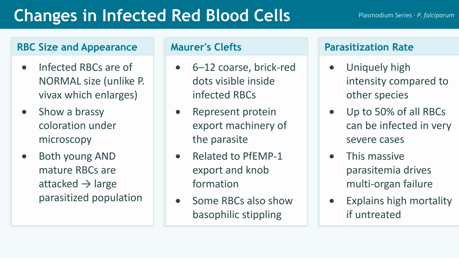Because of this, there is a large parasitized population, and there are 6 to 12 coarse brick red dots visible inside the infected RBC. These are known as Maurer's clefts, which are a diagnostic feature of the parasite, and they represent the protein export machinery of the parasite. Some infected RBCs show basophilic stippling.